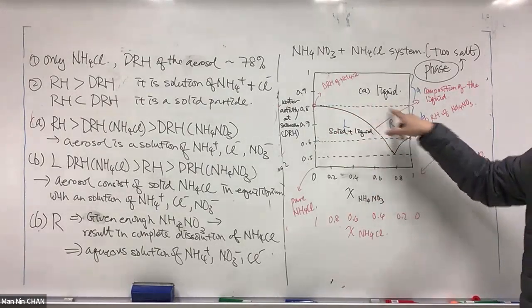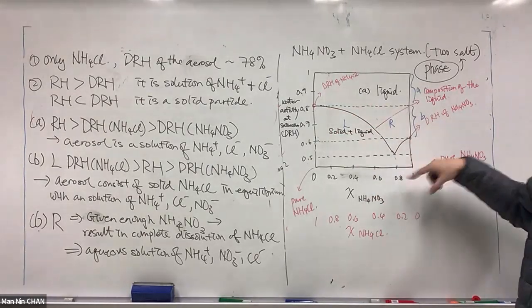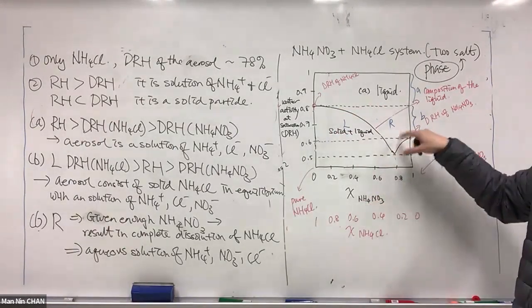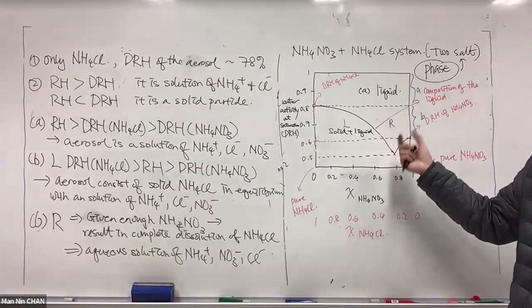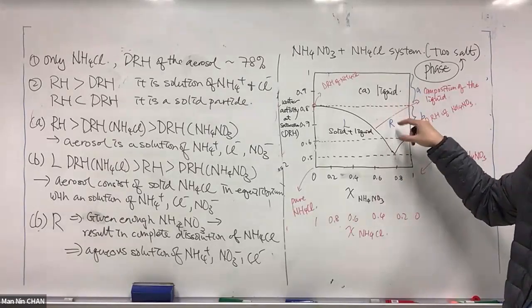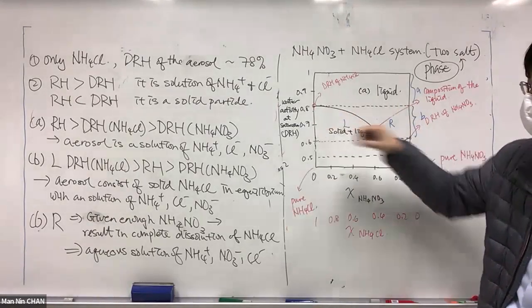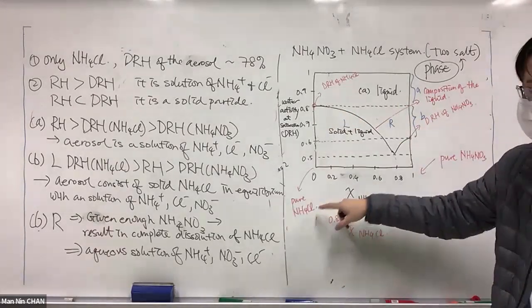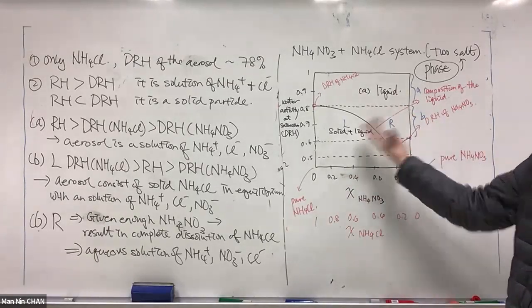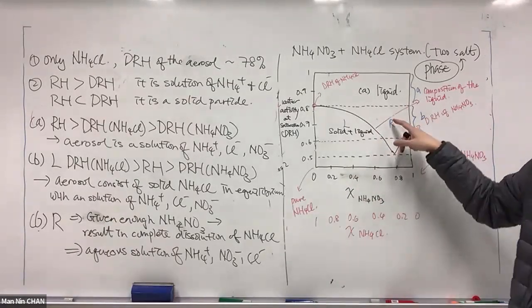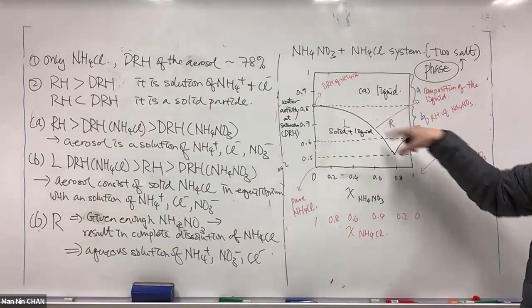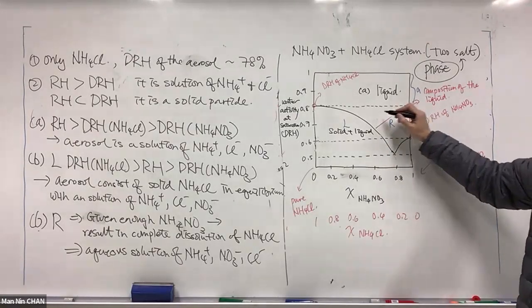But in this region, you have a lot of ammonium nitrate already, so then you will have a lot of water. And that amount of water can also dissolve your solid ammonium chloride, right? So therefore, in this case, you can have the pure aqueous, just the liquid.